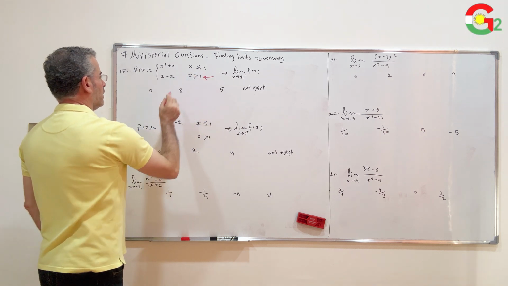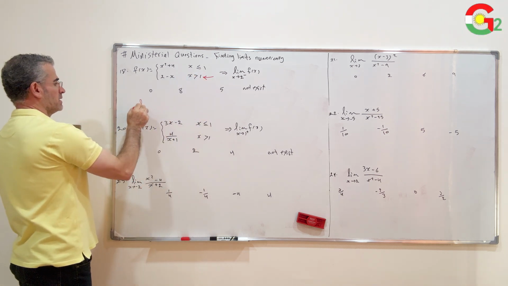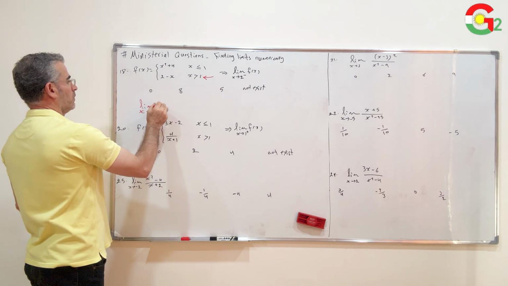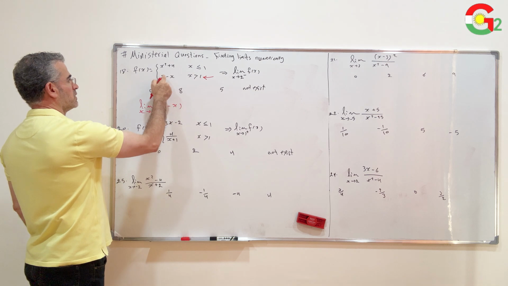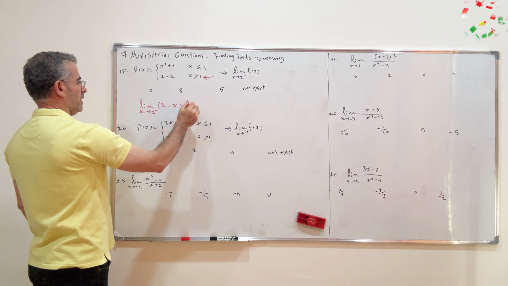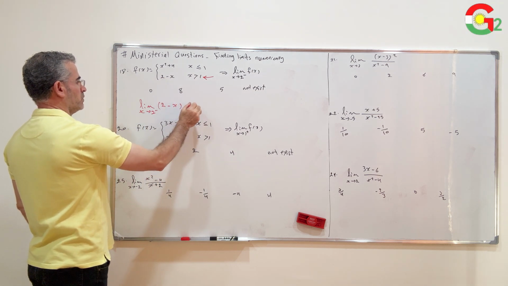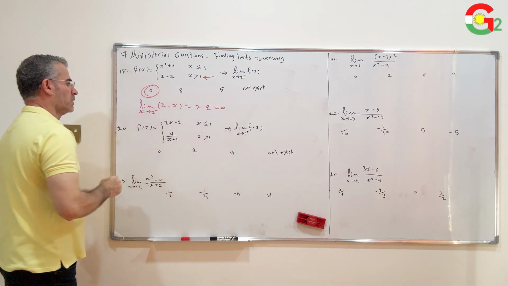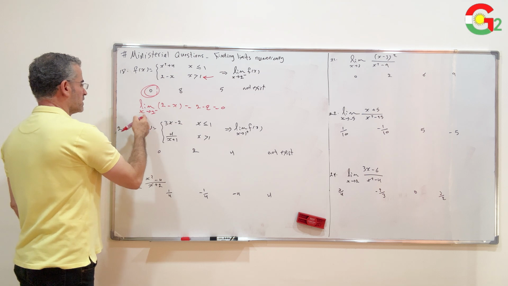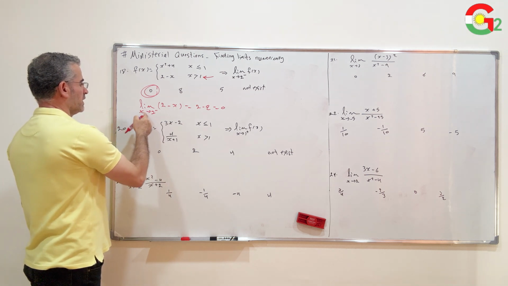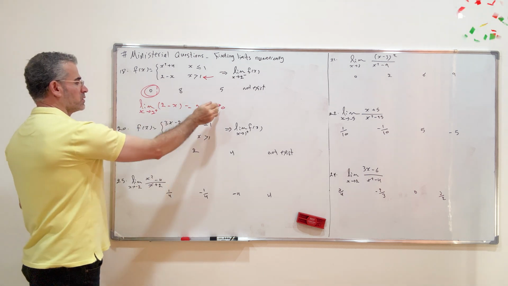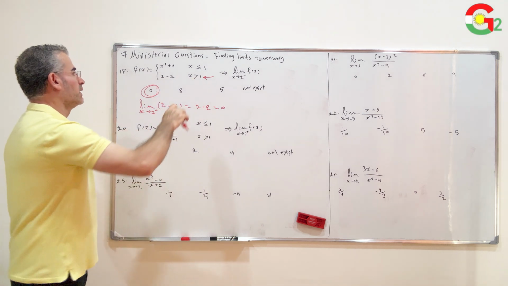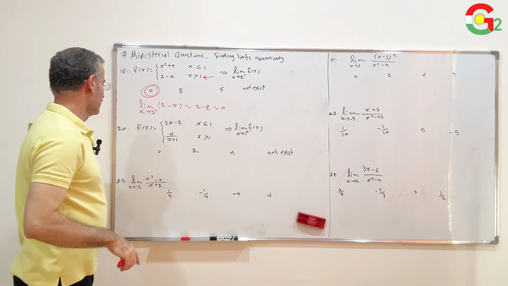Then I find this limit as limit x approach to 2 from left for 2 minus x, substitute in this segment, then equal to 2 minus 2 equal 0. Choice A. Also, if the question asks you to find the limit x approach to 2 from right, also it is 0, since 2 belongs to this interval and it doesn't belong to this interval.